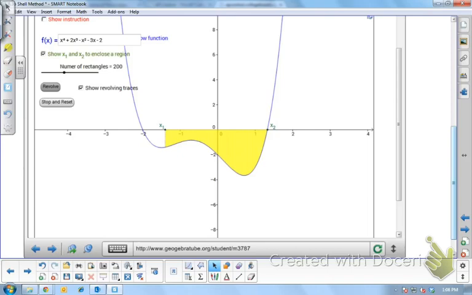How is she going to do it? I don't know. There we go. So we actually revolve it around the x-axis. Oh, it's supposed to be revolving. Yes.